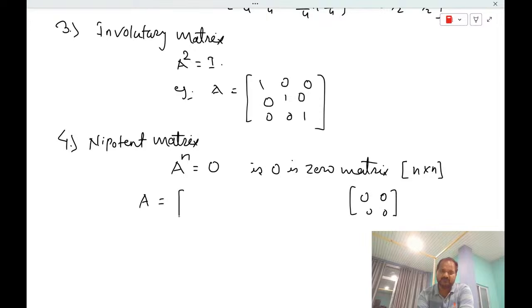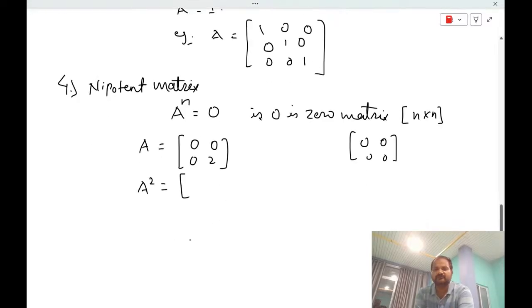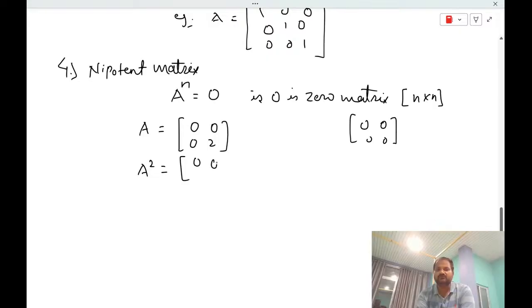If I take one example, 0 0 0 2. Now take the first A square. Multiplying the first row into the first column, it will be 0 into 0, 0 into 0, so 0.